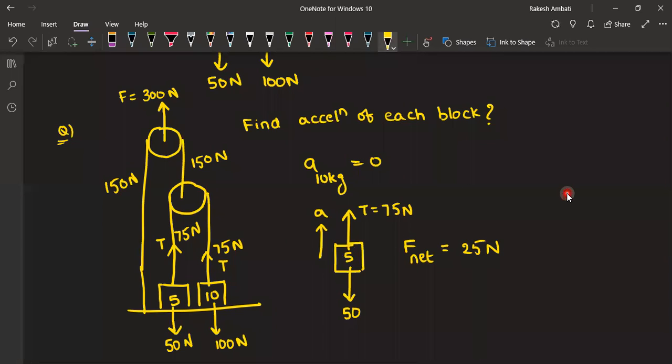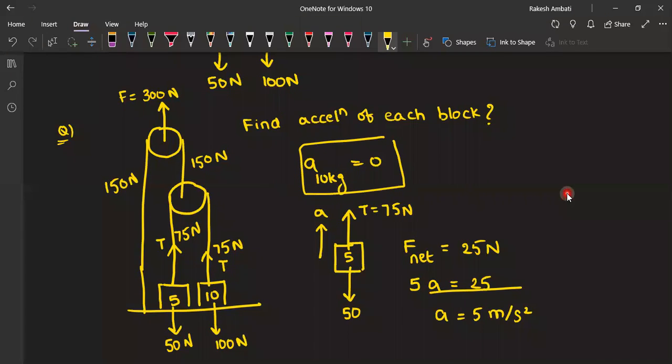The resultant force is 25 newtons. Resultant force means mass into acceleration, so 5 times a equals 25. Therefore a equals 5 meter per second squared. This is the acceleration of the 5 kg block, and the 10 kg block has zero acceleration.